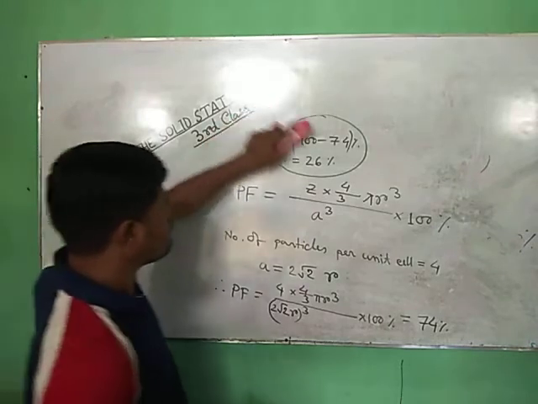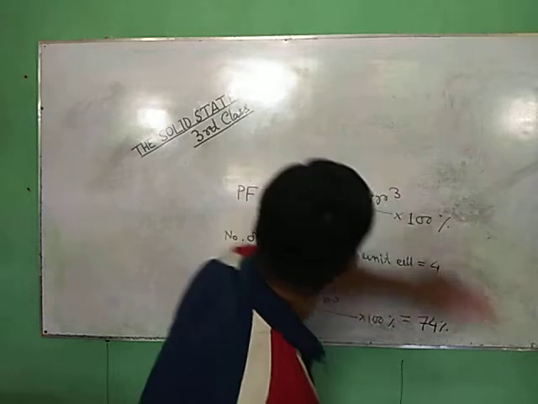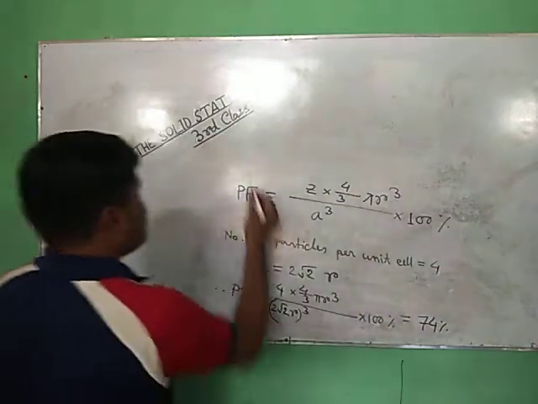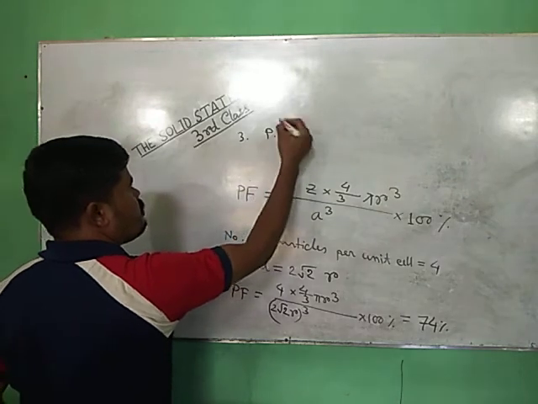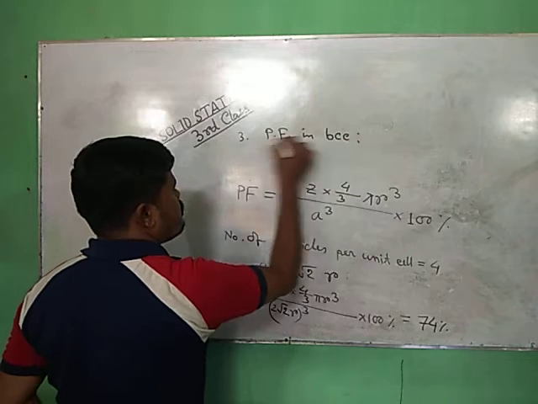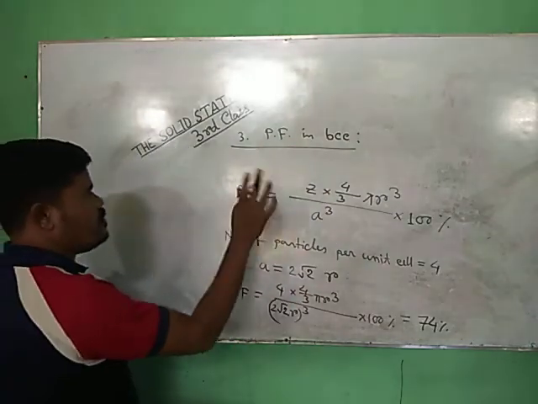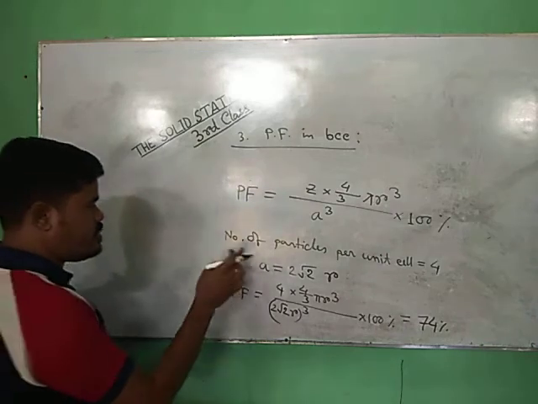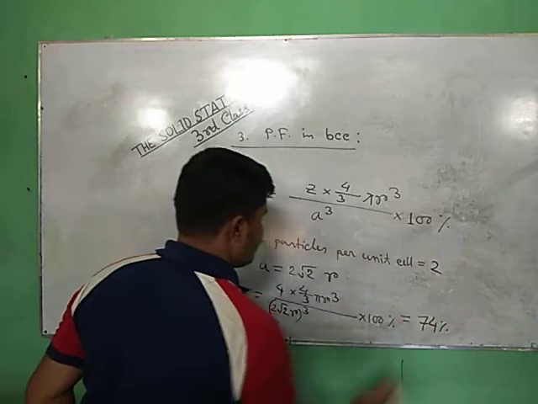Next I have to calculate the packing efficiency in case of BCC. Similar to this, we can calculate packing fraction, packing efficiency in BCC. We know packing fraction is this. Next, the number of particles per unit cell of BCC was 2.